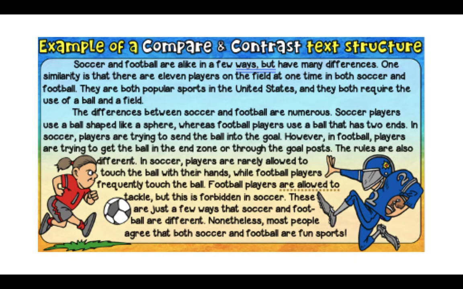An example of a compare and contrast text structure. Soccer and football, okay, are alike in a few ways, but have many differences. One similarity is that there are 11 players on the field at one time in both soccer and football. They are both popular sports in the United States. They both require the use of a ball in a field. The differences between soccer and football are numerous. Soccer players use a ball shaped like a sphere, whereas football players use a ball that has 2 ends. In soccer, players are trying to send the ball into the goal.